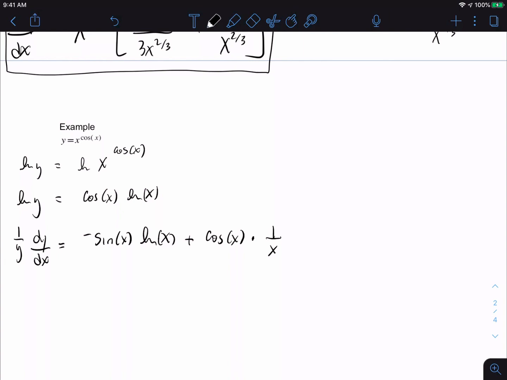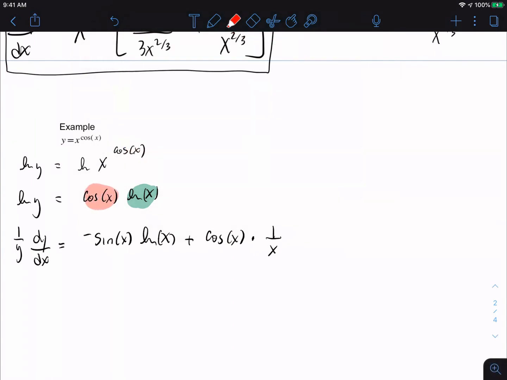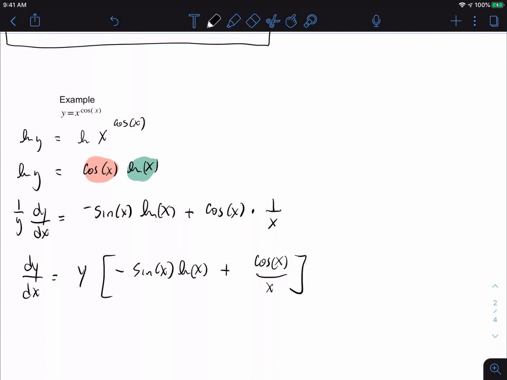Make sense? Again, just so you can see, it's a product. Okay. I'll get dy dx is equal to y times negative sine of x ln of x plus cosine of x over x.